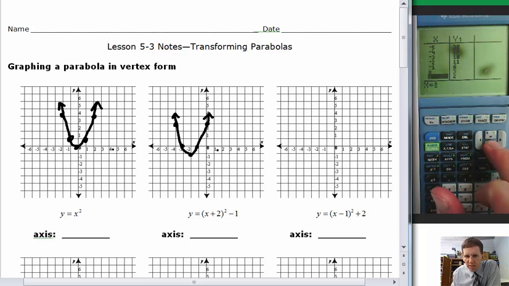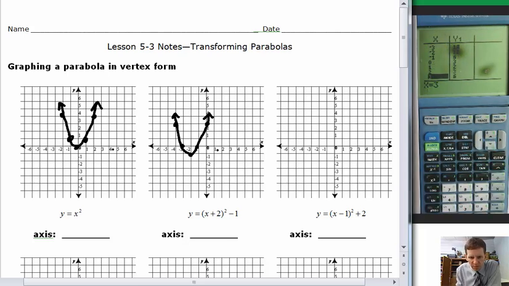It looks like we have points at -1, 6, 0, 3, 1, 2, 2, 3, and 3, 6. So our vertex has been moved right 1 and up 2. And you'll notice we have numbers 1 and 2 in our equation. That does have something to do with where your vertex is at.